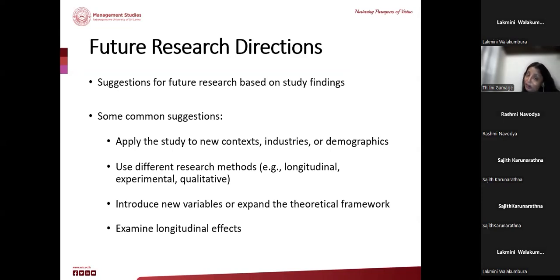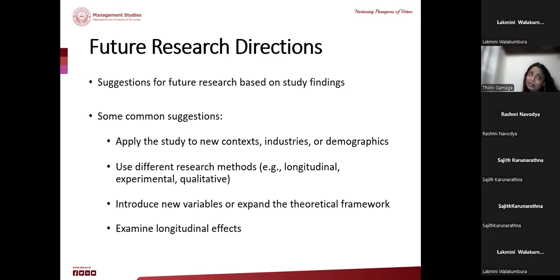Basically, I was asked to talk to you about how you should discuss your findings. It's not just about restating findings, as I always emphasize. We do not expect you to do that. You have to interpret your findings and critically assess them. Then I was asked to cover the section on recommendations. Based on your findings, you should be able to provide recommendations and practical insights.